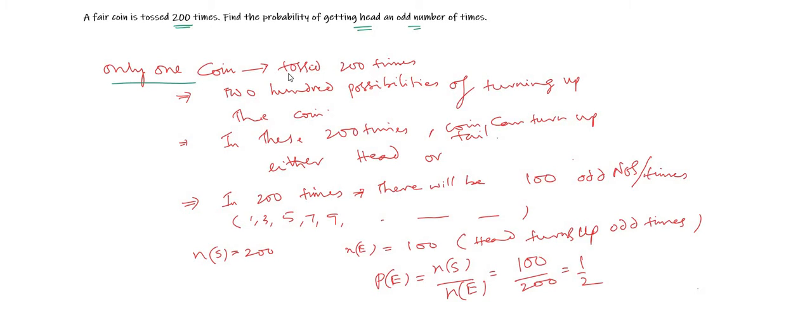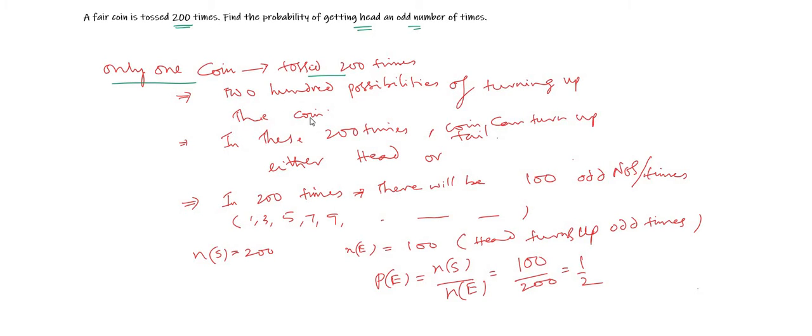Now only one coin is tossed 200 times. What are the possibilities when we toss the coin 200 times? When the coin is thrown, it will go up and fall down. When it falls down, it will turn up either head or tail.